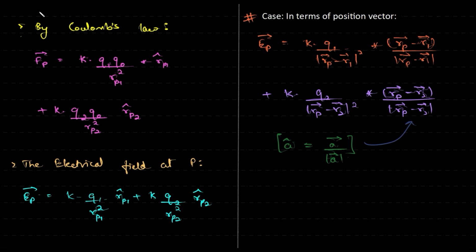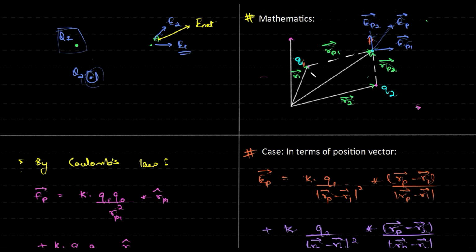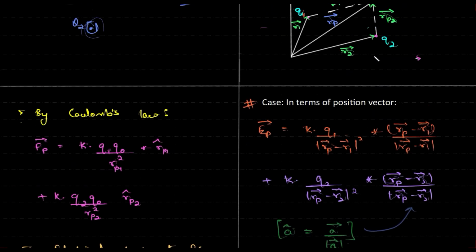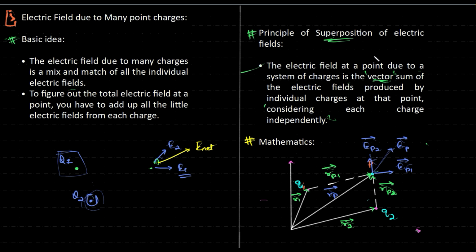And your position vector RP, this is RP by the way, RP minus R1 will give you RP1. Agree? Right? And that's it. You can copy this now.